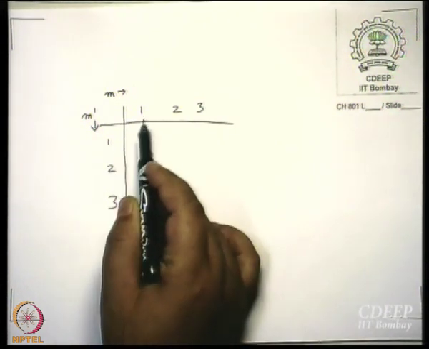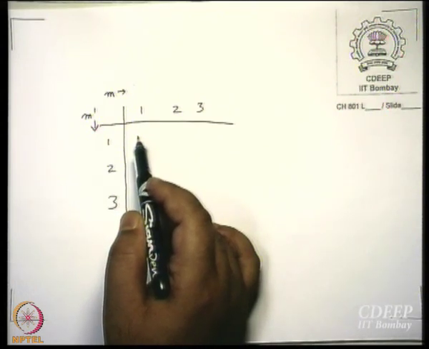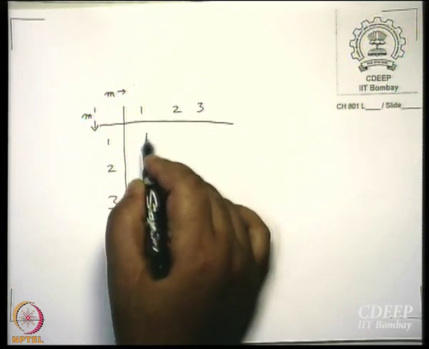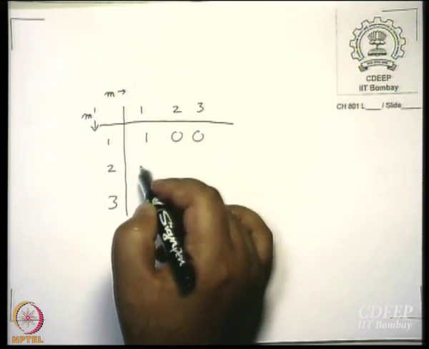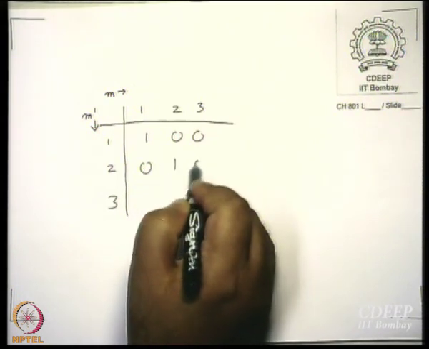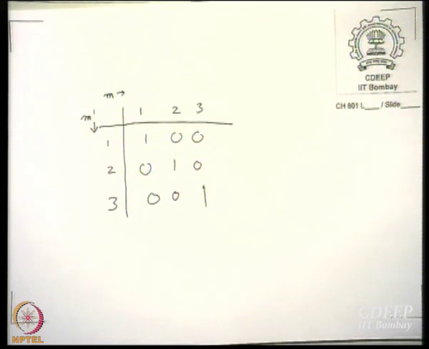So what is this product? 1 into 1. When m equal to 1, m dash also equal to 1. Then what is Kronecker delta? 1, 1, 2. Right? It is essentially like the unit matrix.